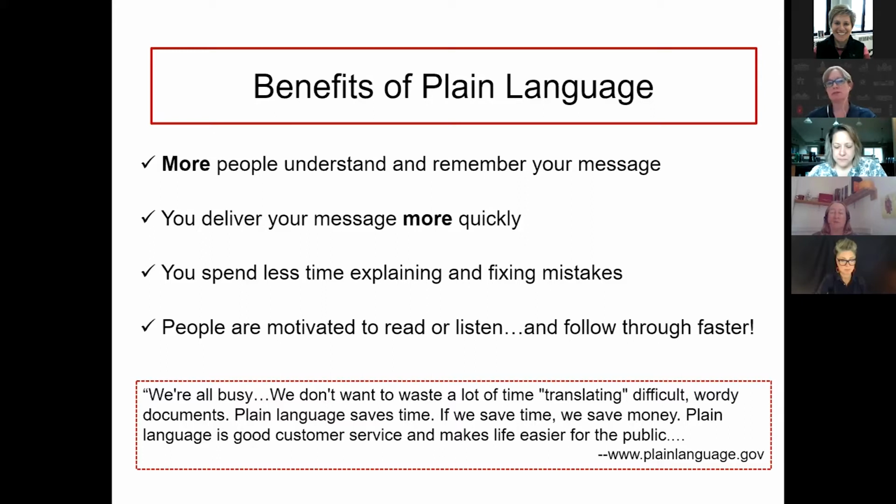So the federal government has invested a lot in plain language. The question is why? The basic answer is that when you speak and write so that more people understand you the first time, you save time, money, and energy explaining and fixing mistakes. People follow through better, faster, and oftentimes they're happier doing it.